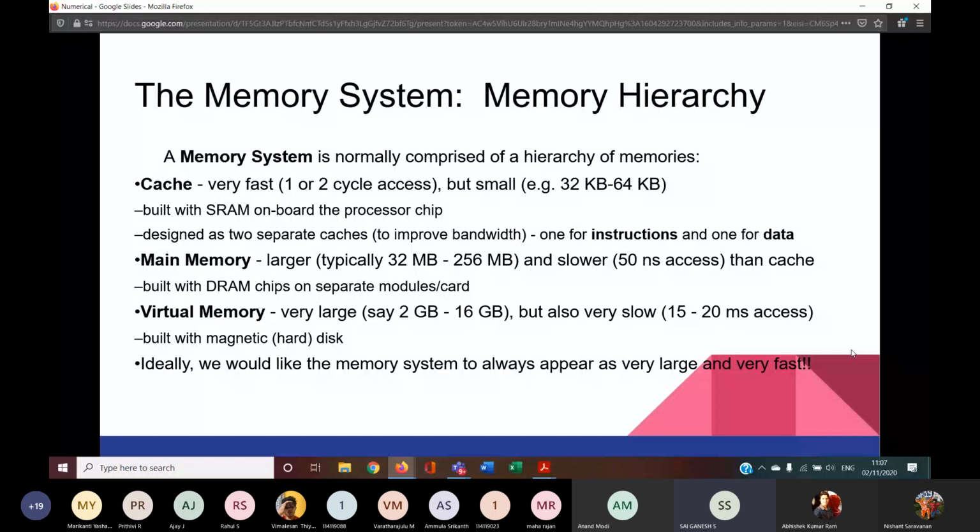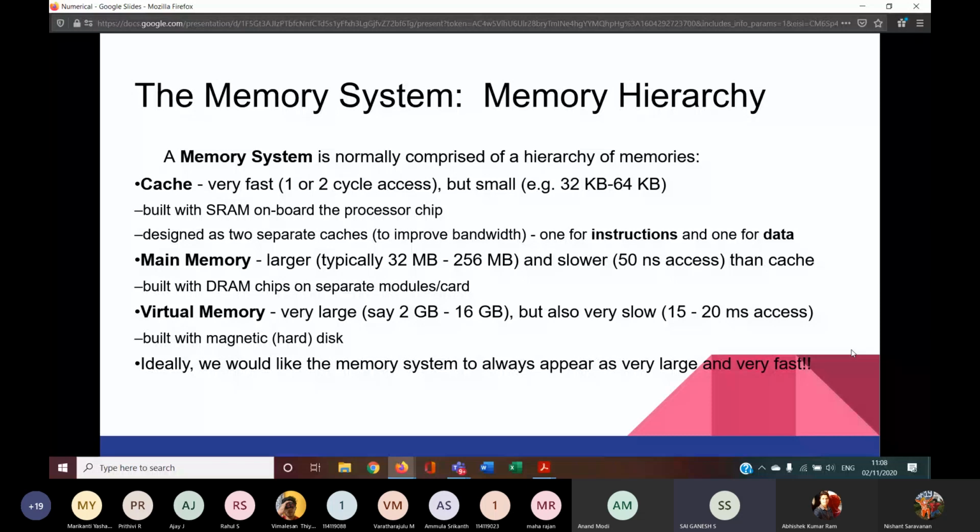The cache is generally made with SRAM, and the main memory is DRAM. SRAM stands for static random access memory, and DRAM stands for dynamic random access memory. The last thing is virtual memory, which is similar to the hard disk, where we have a lot of our information.